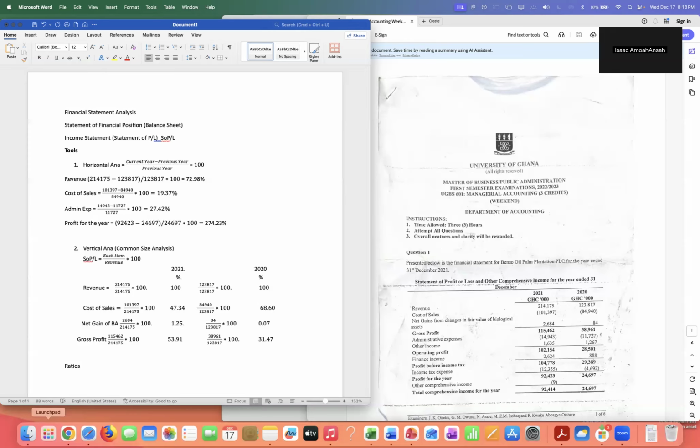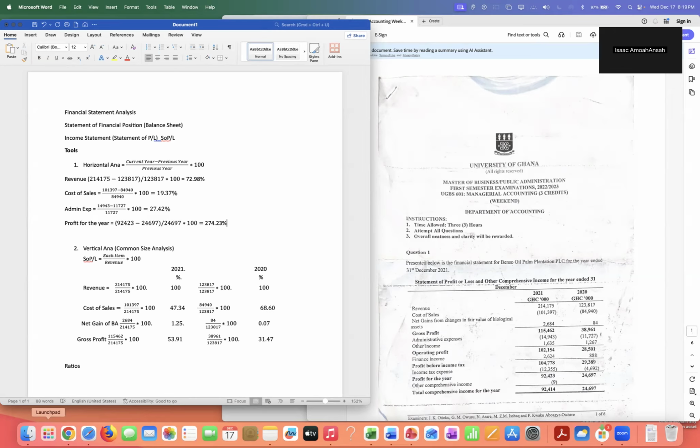Let me pick it again. In 2021, from the data, the firm seemed to have kept 53.91% of its total revenue as gross profit after spending 47.34% on cost of sales, compared to the past year where they kept just about 31.47% of its total revenue as gross profit, having spent 46.6% of its total revenue on cost of sales.